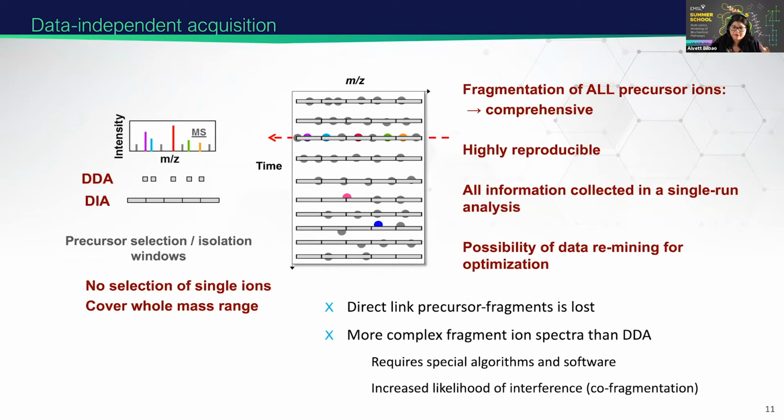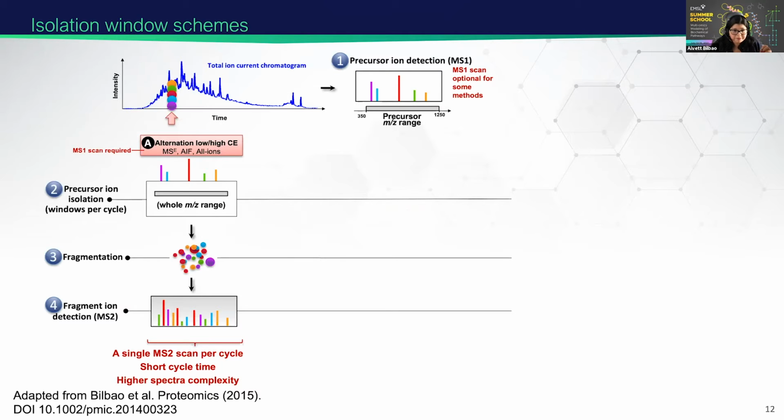Unlike DDA, it requires special algorithms and software. The typical tools for DDA will not work well with this data. And there is increased likelihood of interference due to the co-isolation and co-fragmentation of multiple precursors within each experiment.